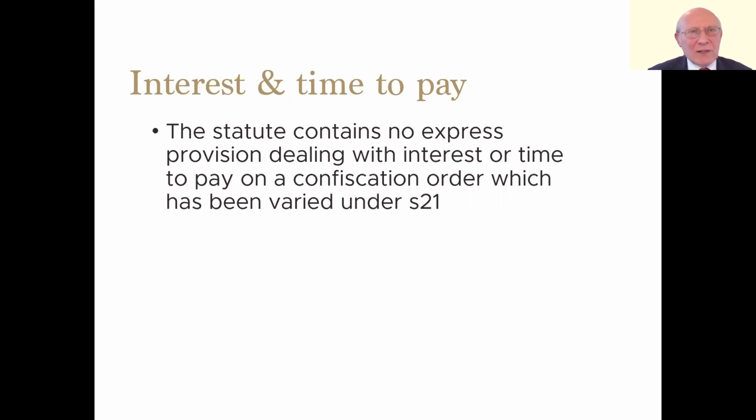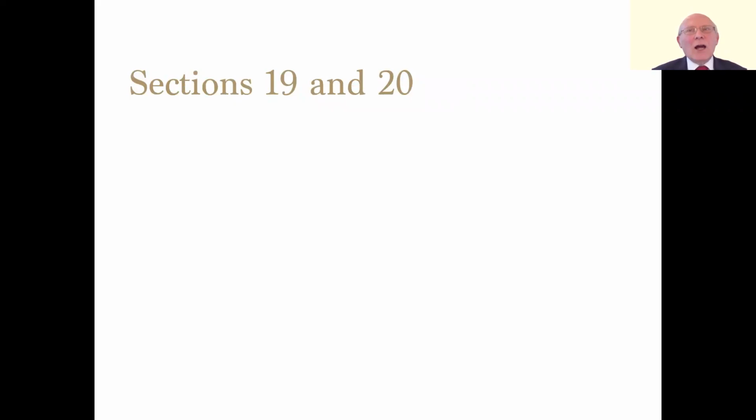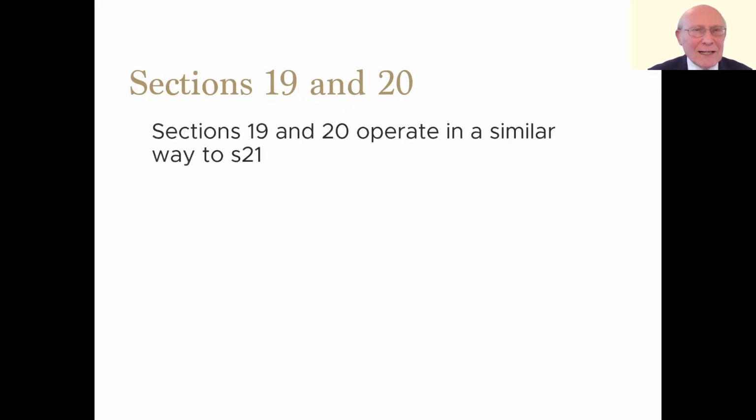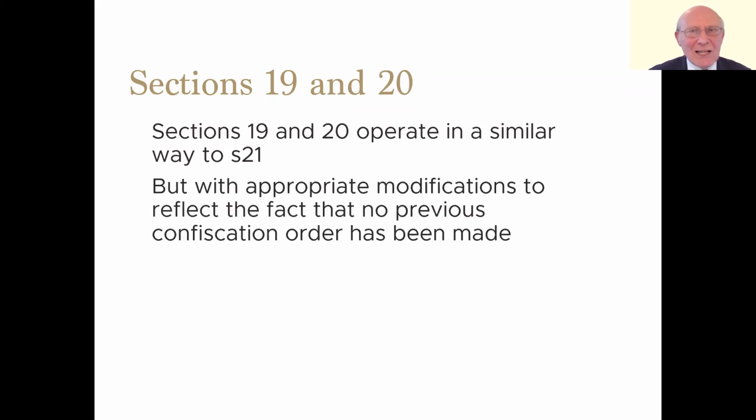Okay, that's kind of covered Section 21. What about sections 19 and 20? Well, we can deal with them now very quickly. They operate in a similar way to Section 21, but with appropriate modifications to reflect the fact that no previous confiscation order has been made. So again, under Section 19 and Section 20, you're looking at the benefit at the time the decision was first made, or at the date of conviction if no decision was made.